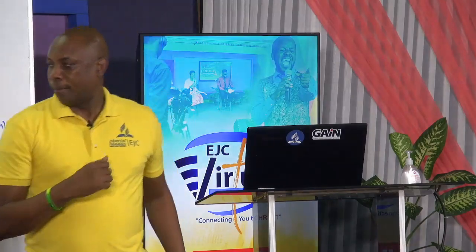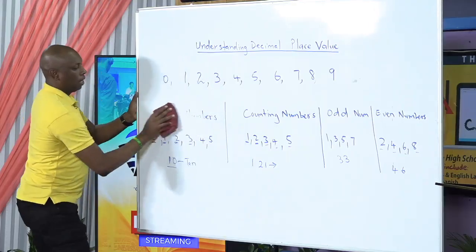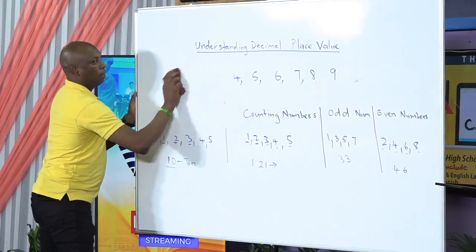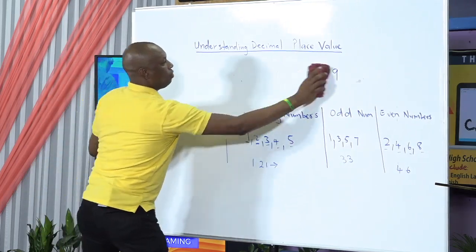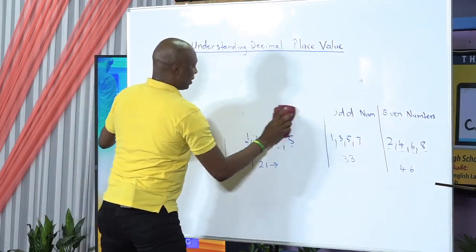If you can see this image on the screen, I'll come back in a second. Let me just put this right across. We are going to be looking at our decimal numbers.